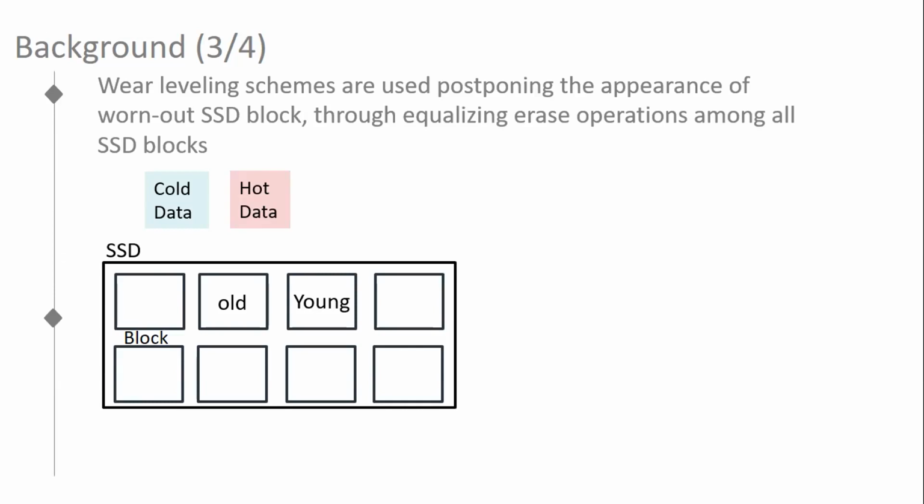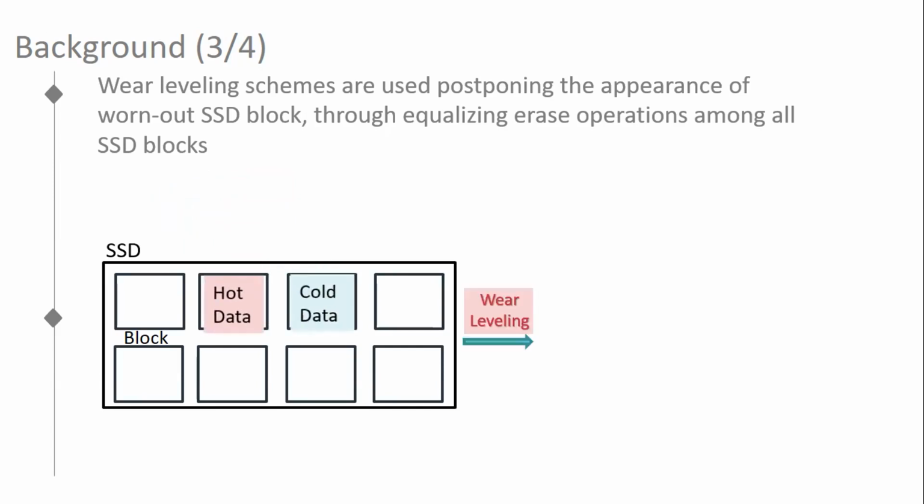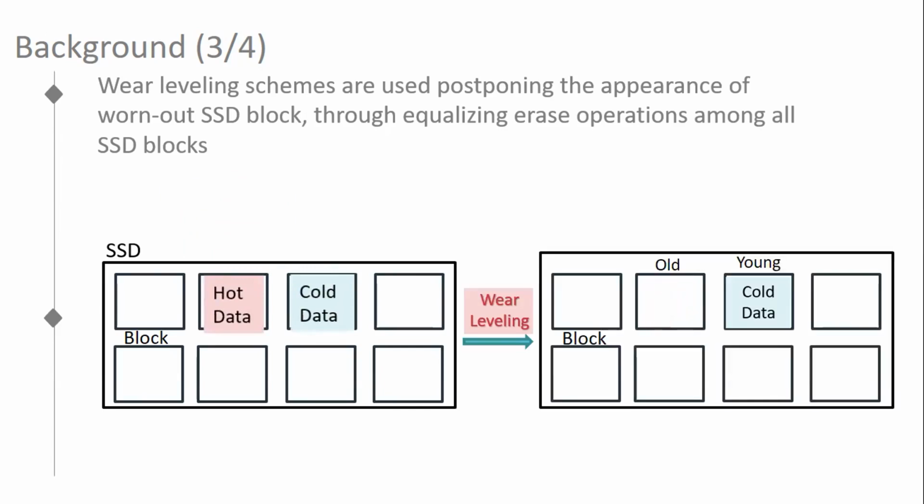In general, because cold data is not updated frequently, it is stored on young blocks, while hot data is stored on old blocks. Therefore, wear leveling moves the cold data to the blocks with more erases, lets those older blocks take a break, and frees up the young blocks to replace the old to withstand the writing of user data.